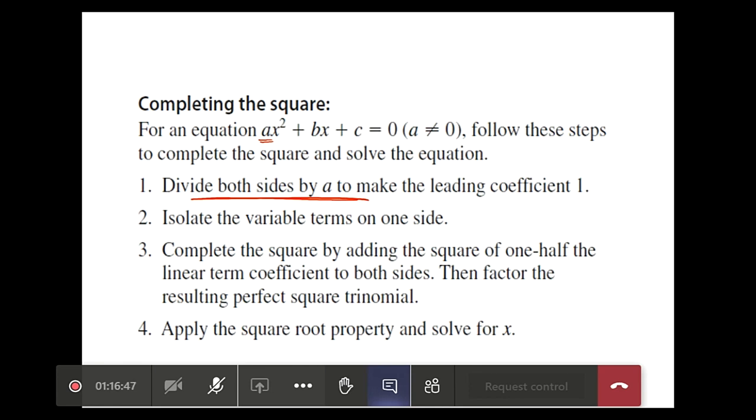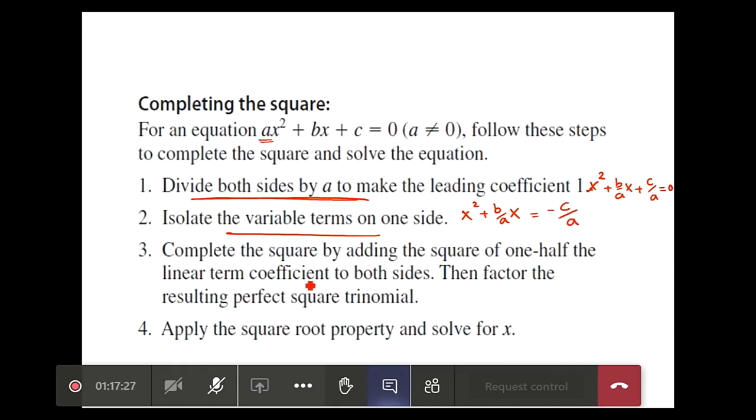After dividing by a, the equation becomes x square plus b over a x plus c over a equals 0. After dividing by a, 0 over a is 0. Now isolate the variable term, so put x square plus b over a x on the left hand side and the number on the right hand side, like this.